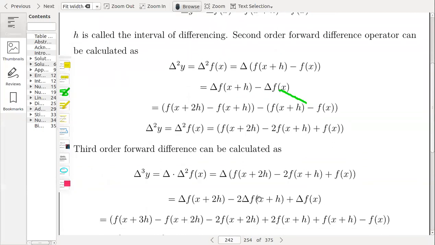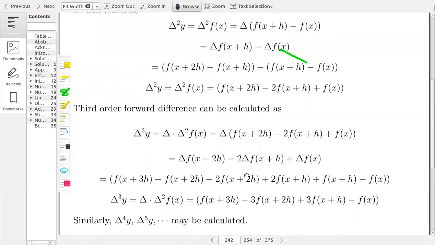Because delta is a linear operator, it can be applied on each term. So delta f of x plus 2h minus 2 delta f of x plus h plus delta f of x.